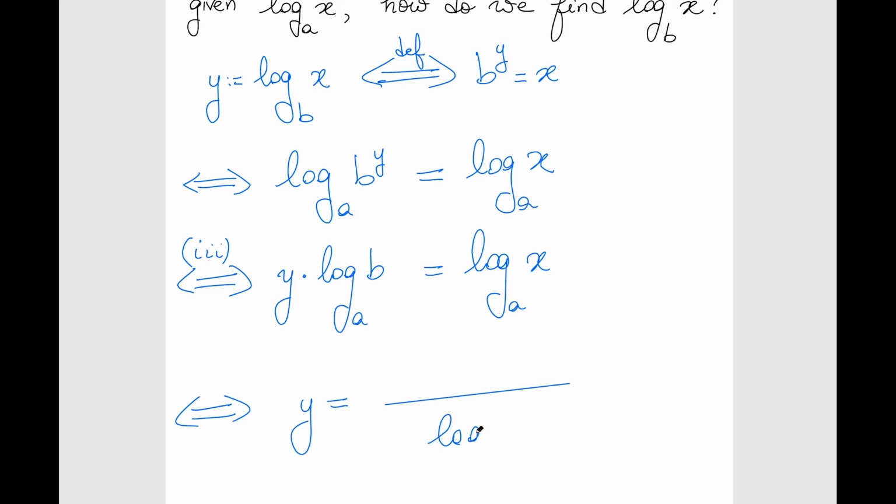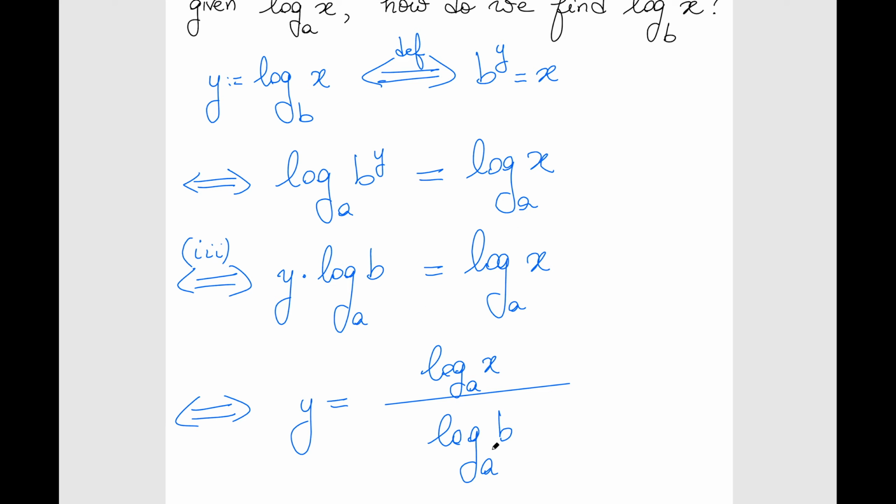By log base a of b, right? By this guy. And this guy is going to remain here. Correct? So y times something is equal to this. Divide through by this thing, you get y by itself, right? And that's going to be the numerator divided by this as a denominator.